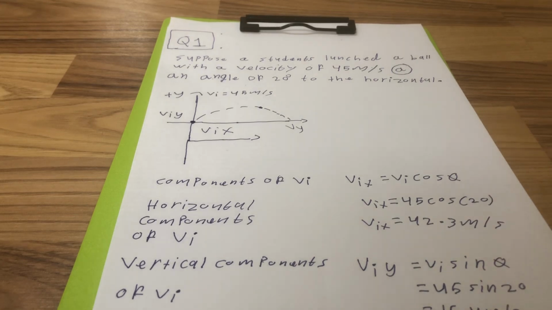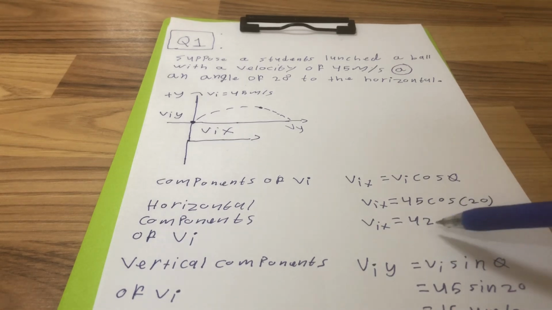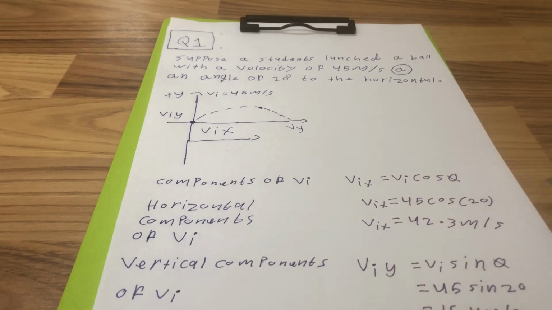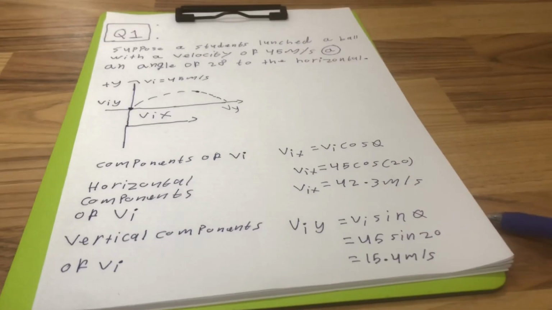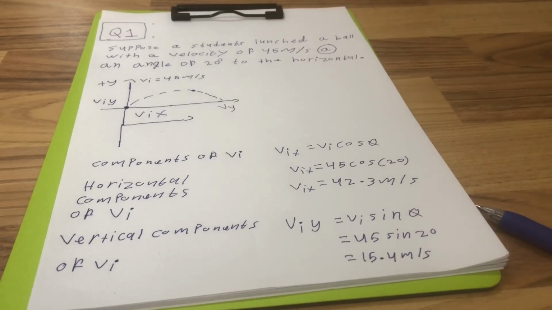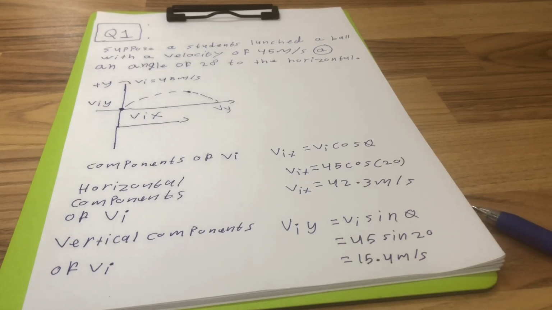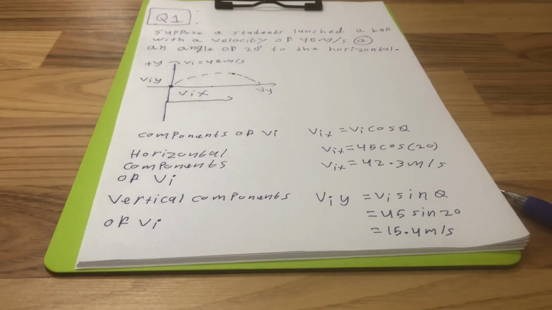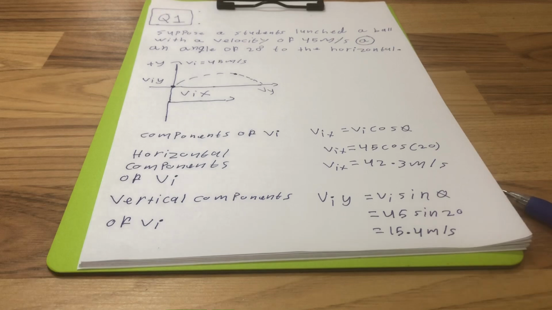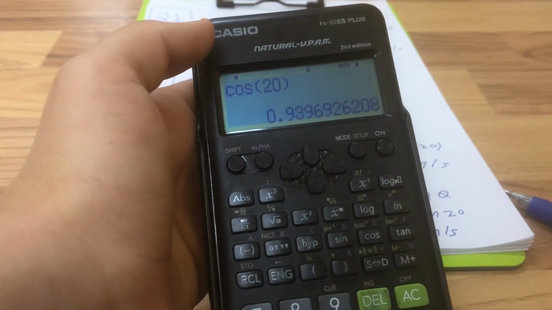Okay. 45 times cosine 20, the answer is 42.3 meters per second. Apply it in the calculator and it will give you this answer. Or if you don't like using calculators, you need to memorize them. Cosine 20 is 0.94.